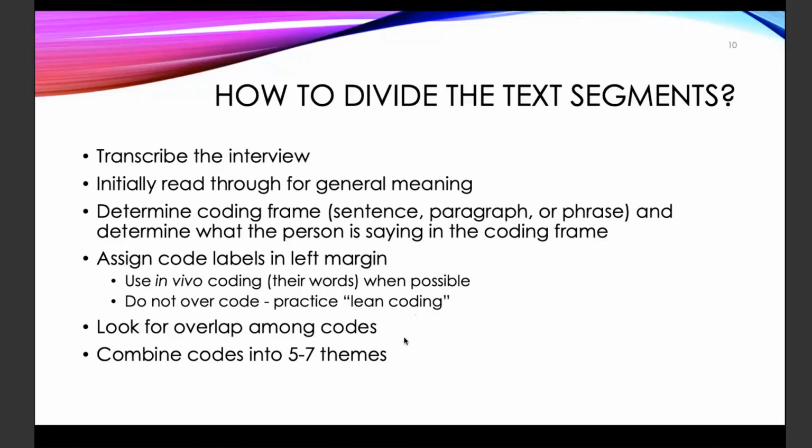For example, father, mother, brother, sister, they are not overlapping because they actually mean different things. However, there is a similarity or shared characteristic between father, mother, brother, sister. They are actually family. You can combine them into the themes.